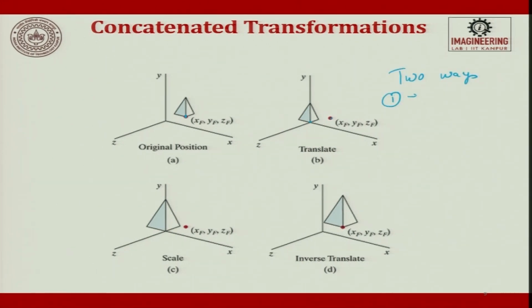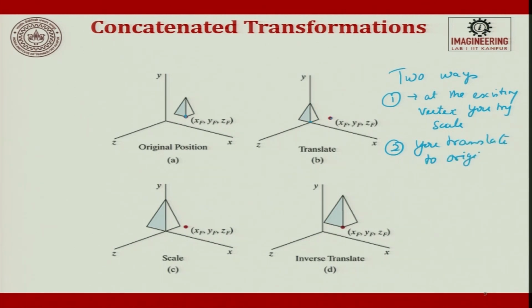First way is at the existing vertex itself, you try to scale. Second, you translate to origin, scale it, and then translate to that point.